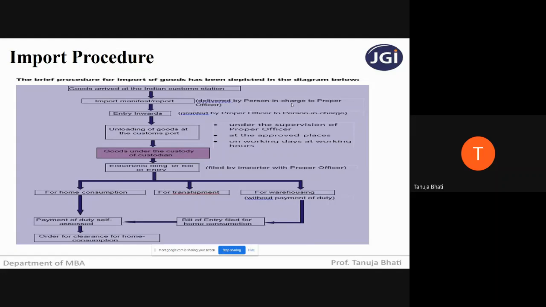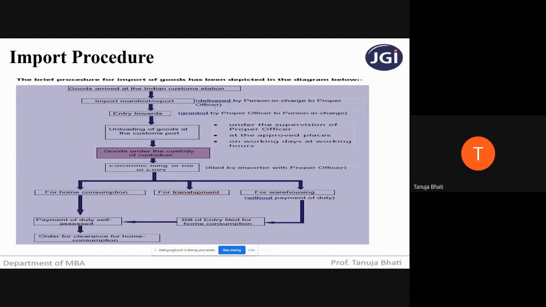Now, once the import manifest report has been submitted by the person in charge to the proper officer, he will go through it, and after that the proper officer will grant an entry inwards. It means the proper officer is now saying you are allowed to bring the goods and unload the goods in the port.